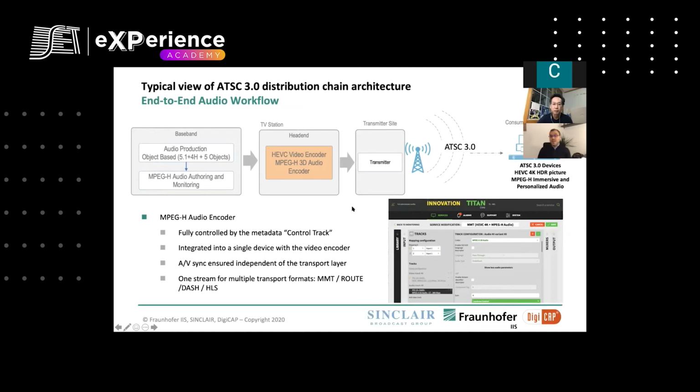On one hand, this is great because the encoder interface is now very easy. You just provide a metadata track which fully configures the encoder, and the encoder will do everything in real time.